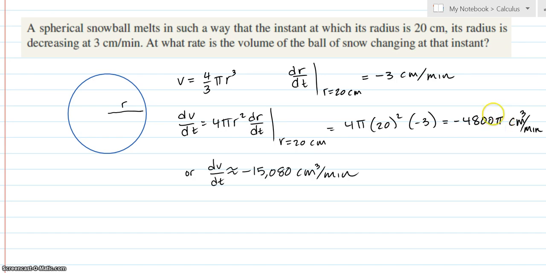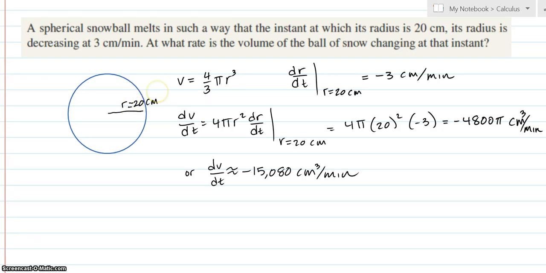Or if you wanted to figure out the answer without involving pi, you can multiply pi, 3.14, about, times that -4,800, and you would get about -15,080 centimeters cubed per minute. What does this mean? It means that the volume is decreasing at this rate, at 15,000 centimeters cubed per minute, about, at the moment that the radius is 20 centimeters.